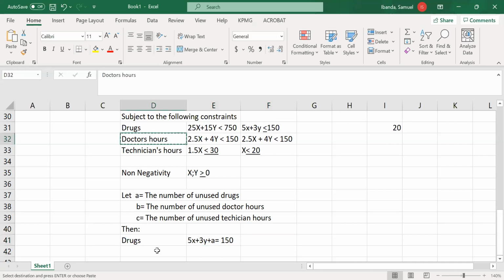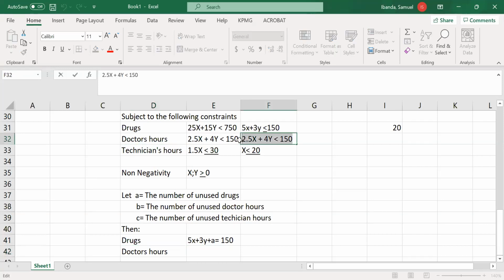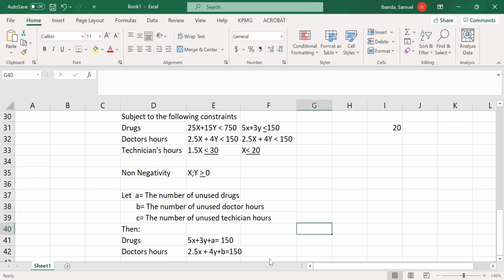Then for doctor's hours, I'll just speak it the way it is, 2.5x, let me use small x's and small y's here, plus 4y, this is going to be plus b is equal to 150. Okay, I believe you can be able to relate. And then we are going to look at the last one, which is technician's hours.